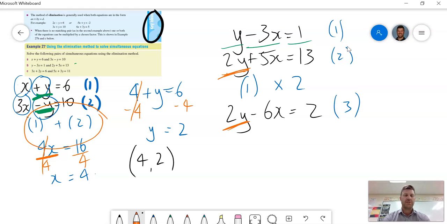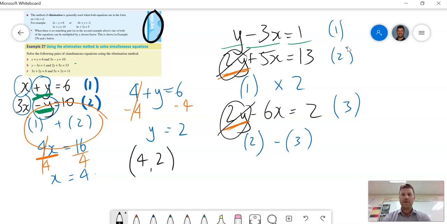If I just draw your attention back to the first example where I added equation 1 and 2 together, that was because one of the matching pairs was a positive and one was a negative. Here they're both positives. So I'm going to do equation 2 take equation 3, and it doesn't matter how you do it because you'll still get the same answer. Okay, so 2y take away 2y is gone, it's eliminated.